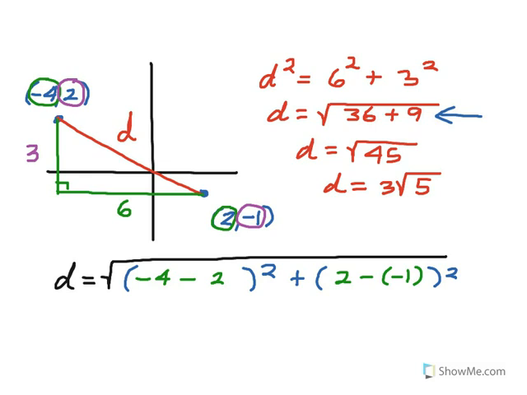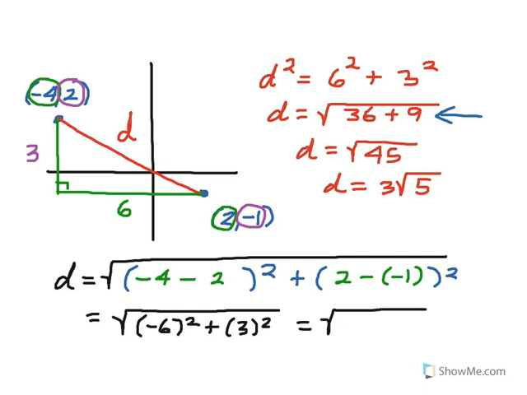So what we end up with here is the distance between the 2 points is equal to the square root of -6 squared plus 3 squared, which is equal to the square root of 36 plus 9, which we already saw from up above, is the square root of 45, or 3 root 5. So the distance formula is just the Pythagorean theorem.